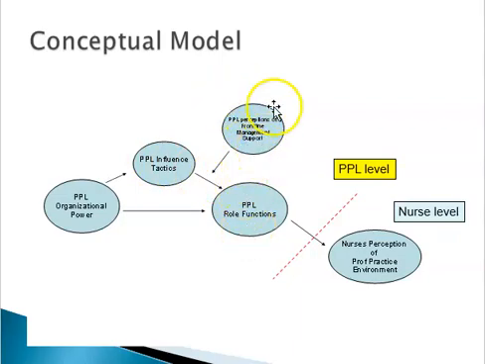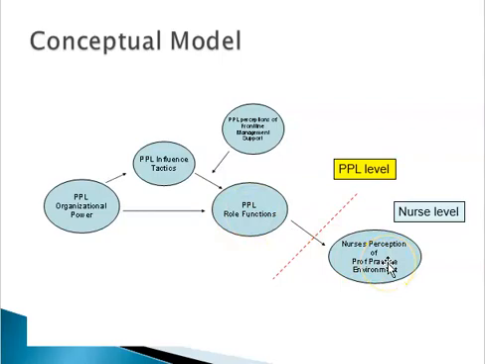We felt that there was some degree of impact of manager support on the ability to achieve role functions, which was moderated to some degree. But ultimately the big hypothesis was that there was a direct and positive relationship between this and that.